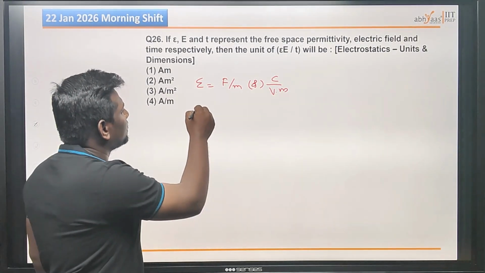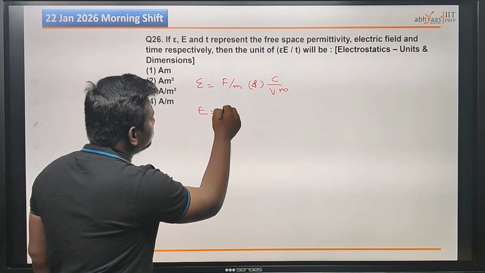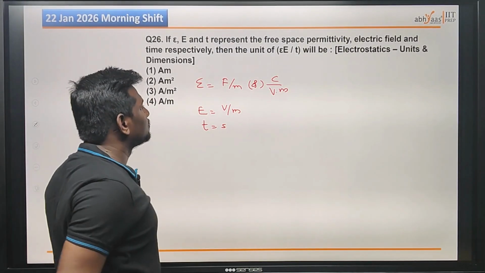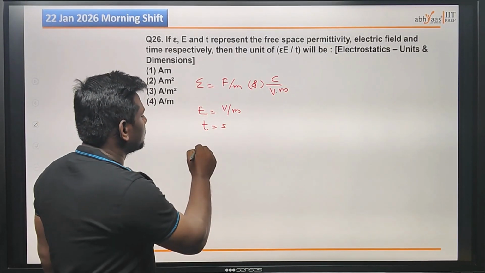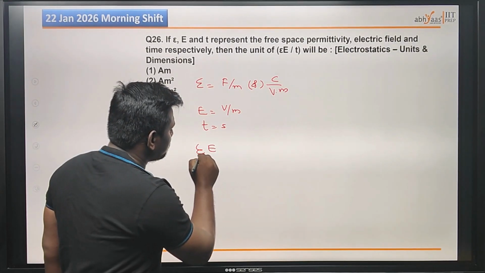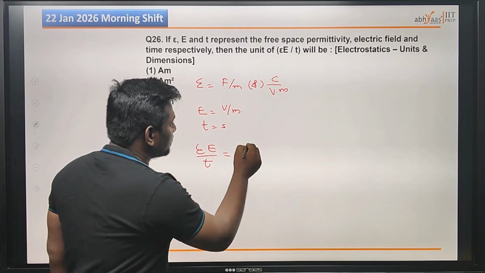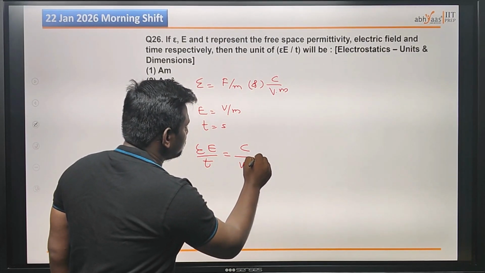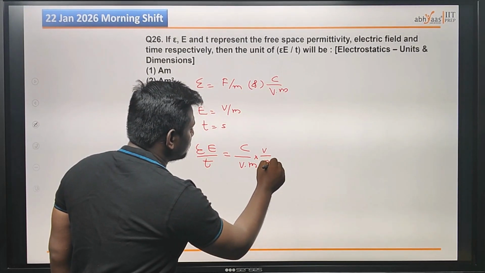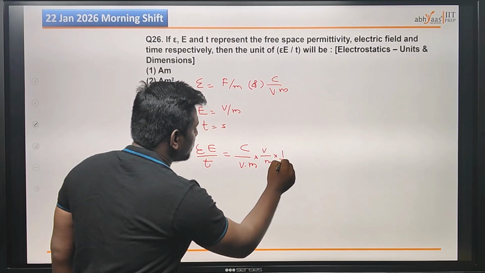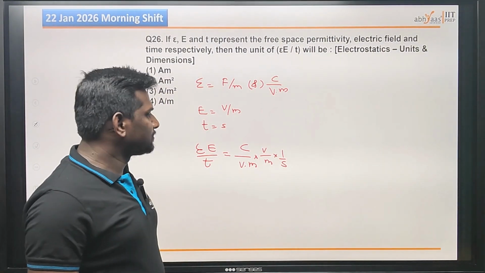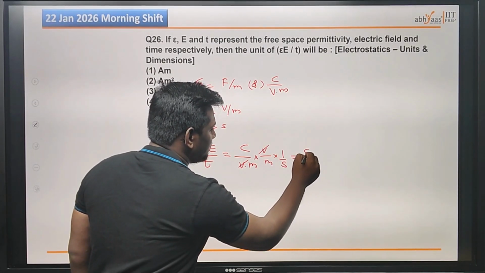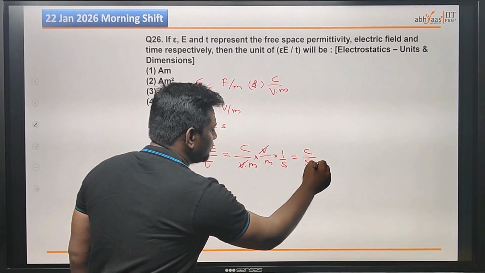So next one, see here, electric field can be written as V by M and time in seconds. So if you observe here, epsilon E by T is nothing but C by V into M, into V by M, into 1 by S. If you cancel out V and V, you will get C by S into M square.